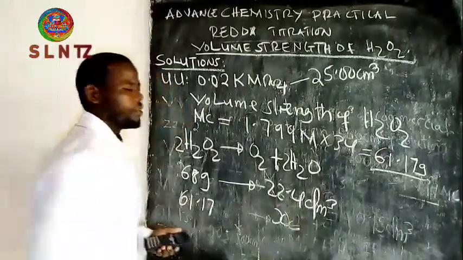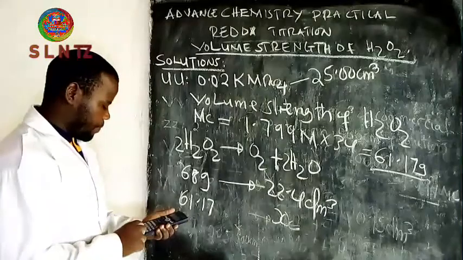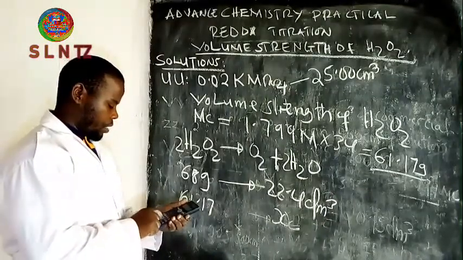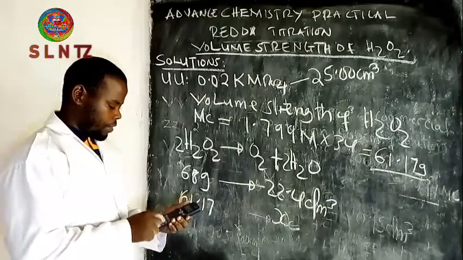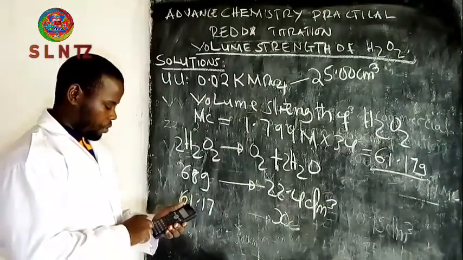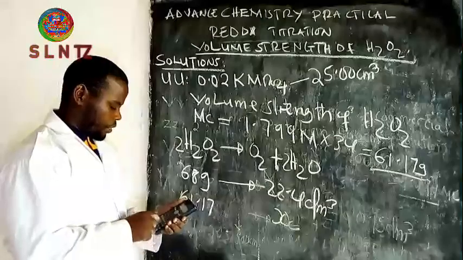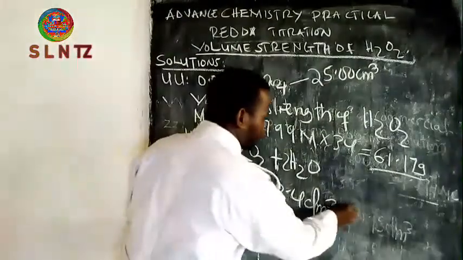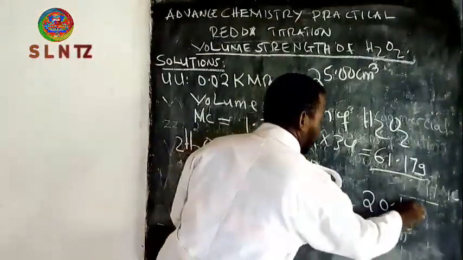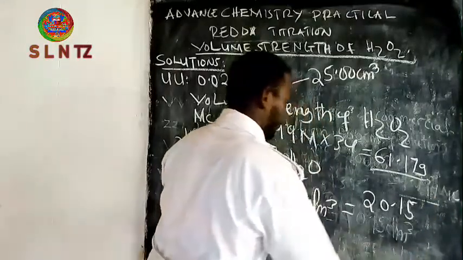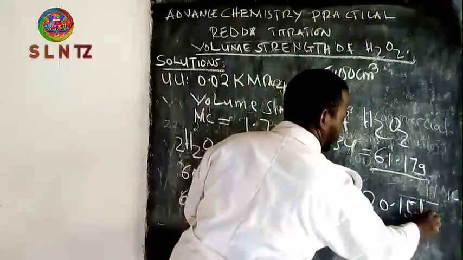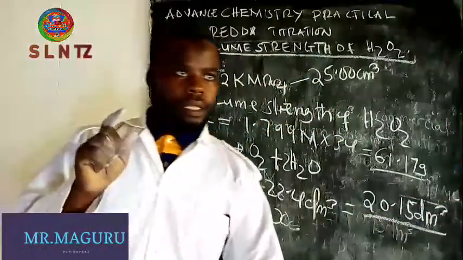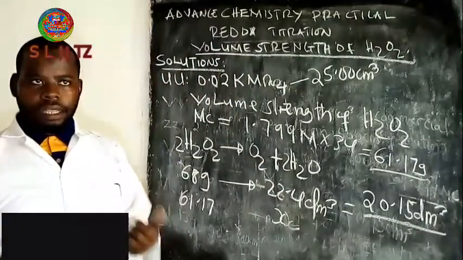How many will bring the volume of oxygen? 68 times, 61.17 times 22.4 divided by 68. The answer will be the same, equal to 20.150. So through 2 ways, the answers are the same.